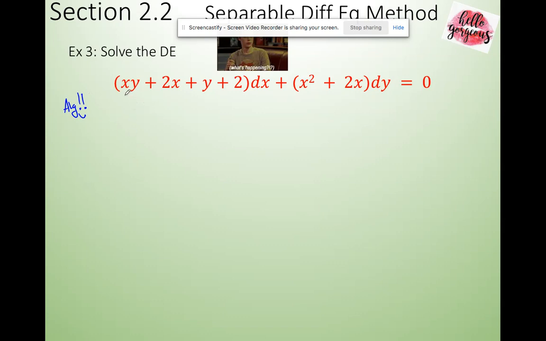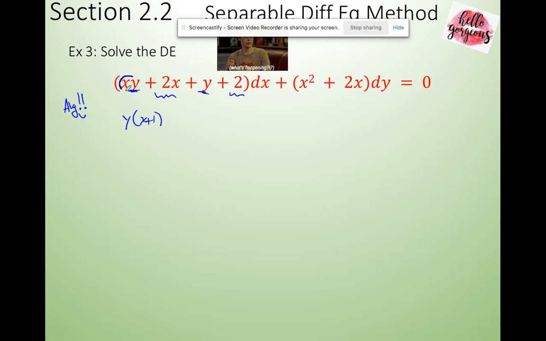Check this out. I've got some terms with a y in it, and I've got some terms with no y's in it. So look at the terms with the y in it. Can't I write this as factor out the y, and I get x plus 1, right?